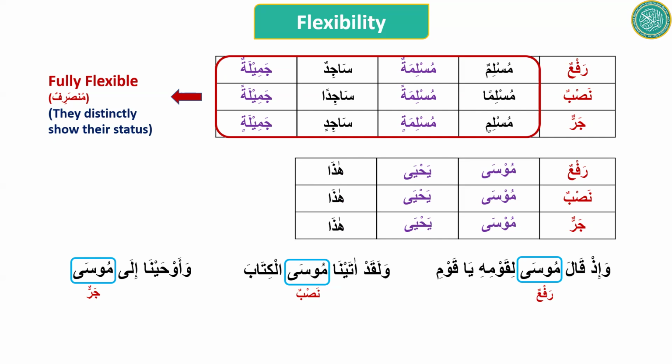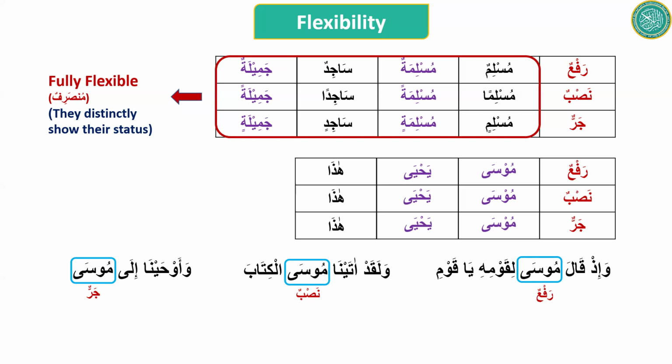And Hazihi, which is the feminine form of it, is always Hazihi. And Haulai, which is the plural form of it, is always Haulai. Similarly, Zalika, Tilka, Ulaika. These are all asma ishara. They never change. They don't show their status, but they do have rafa, nasab, and jar status.